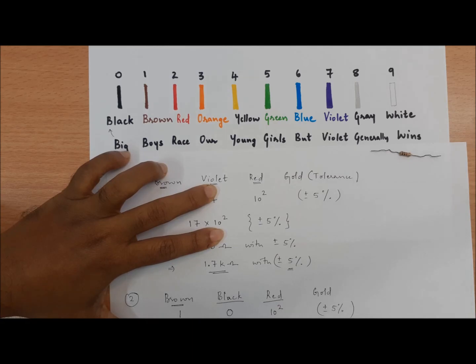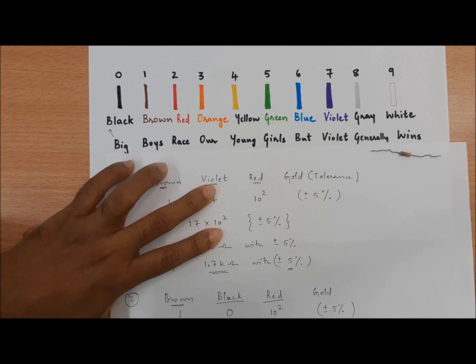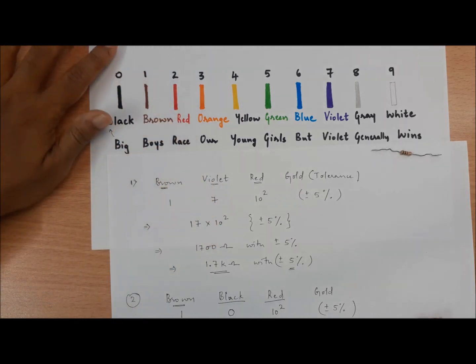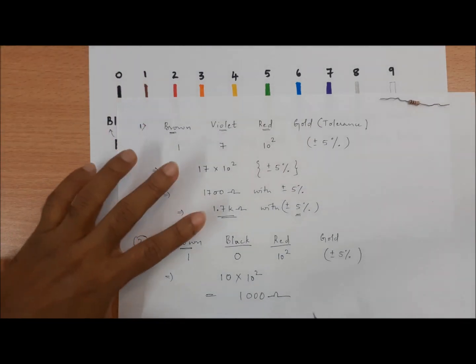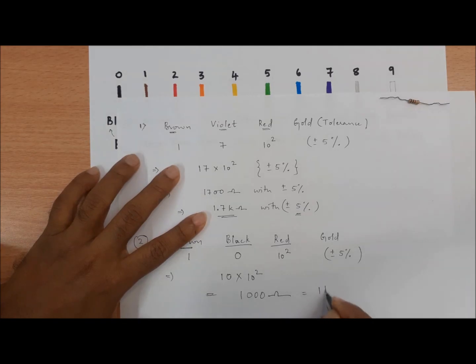So if I simplify it, then it will be 10 multiplied by 10 raised to 2, which is 1000 ohms, which is nothing but 1 kilo ohm. So this is a 1 kilo ohm resistor with plus or minus 5%.